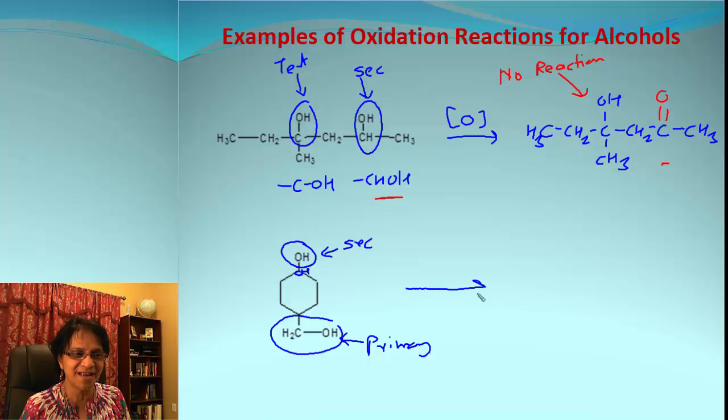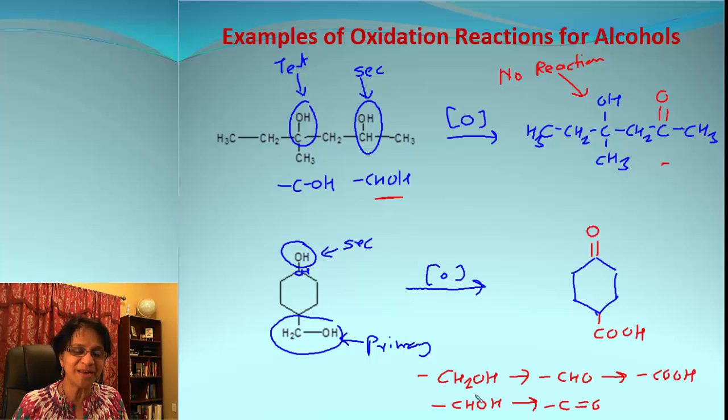So if we oxidize this, the primary alcohol CH2OH will be converted to an aldehyde at first and then finally it will be oxidized to a carboxylic acid. Whereas this secondary alcohol will be converted to a ketone. So that will be our final product. Don't you think it's easy?